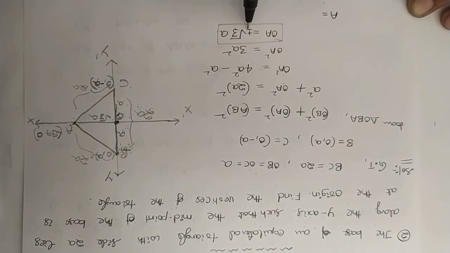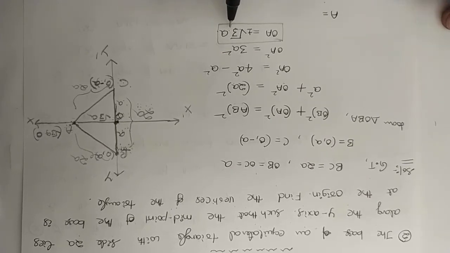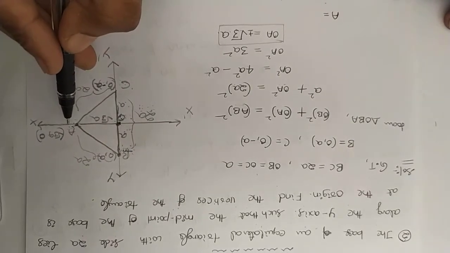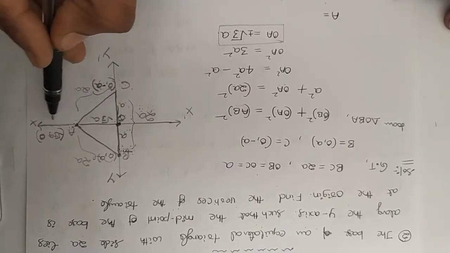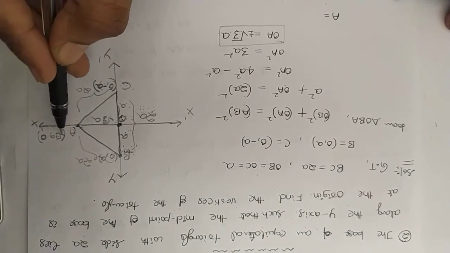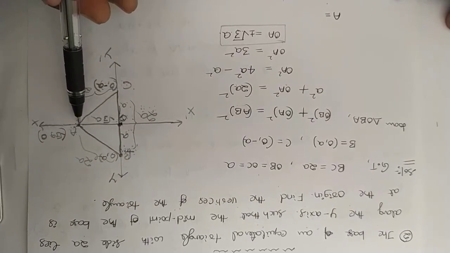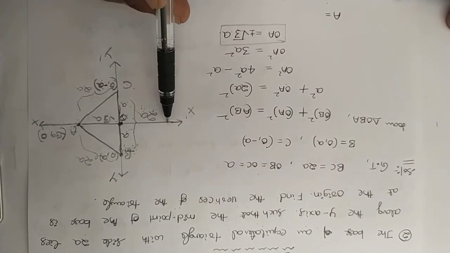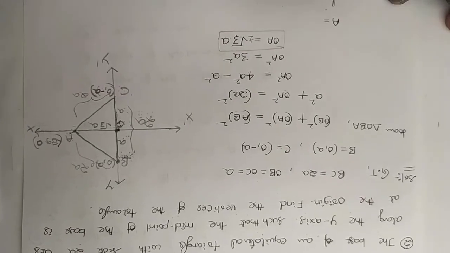OA has two cases, root 3 into a or minus root 3 into a. Here I chose root 3 into a because it is the positive direction of the x-axis. We should not take minus. If we take minus, that triangle will come on the negative side of the x-axis.